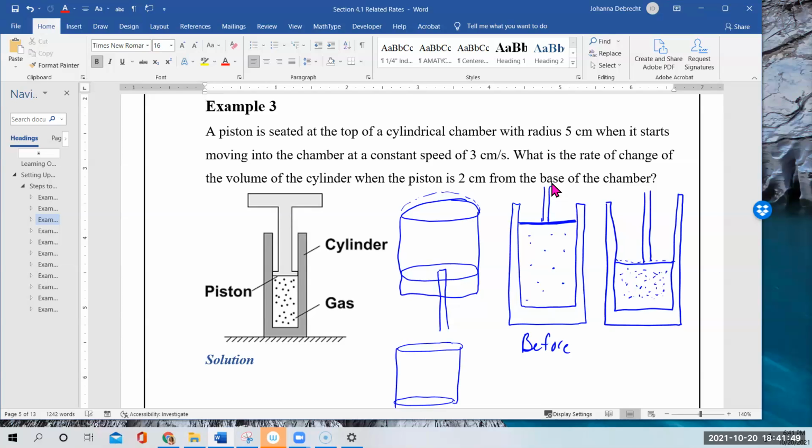So it's sort of like a Coke can in shape with radius 5 centimeters. The radius is never going to change since the thing is made out of metal. So you can label that on both of your pictures that the radius is 5 centimeters. That's in both the before and in the after pictures.